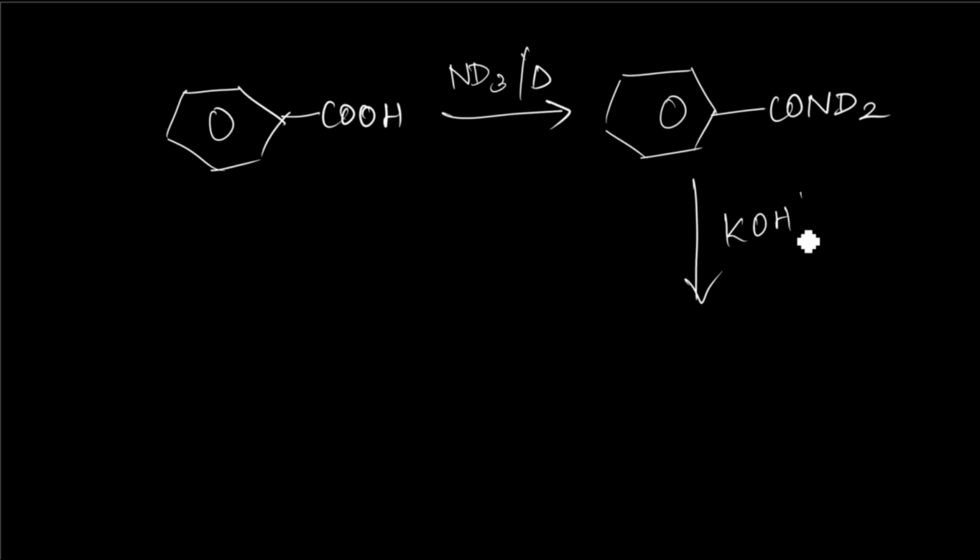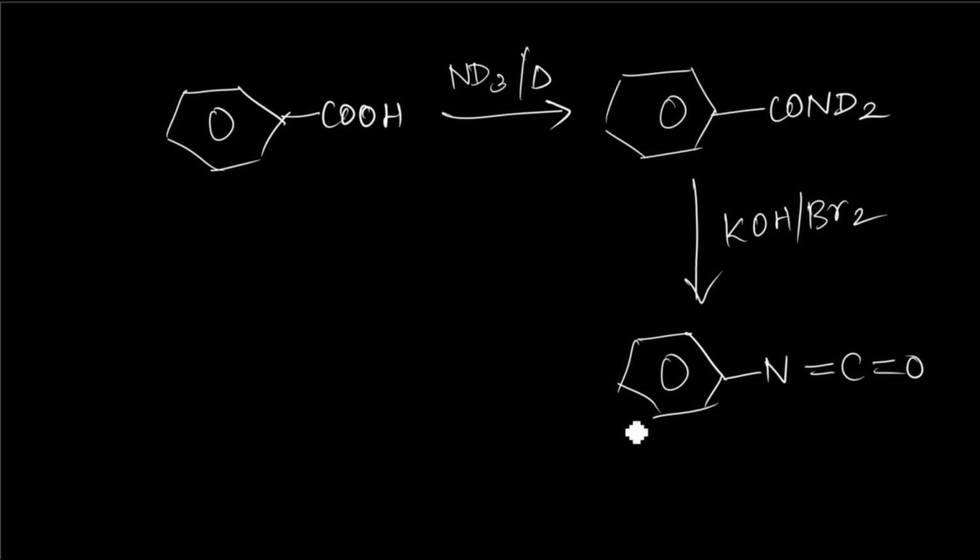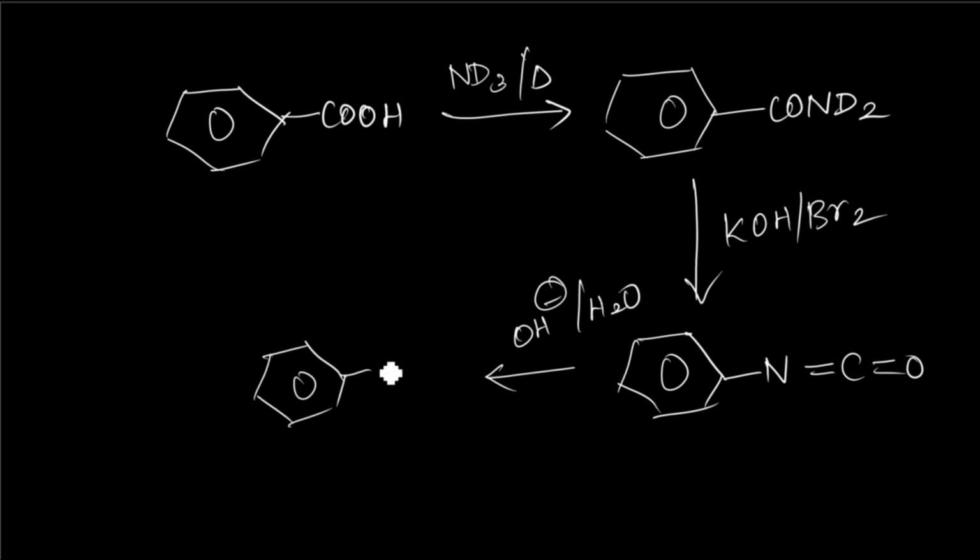Then KOH, Br2. I told you about this particular mechanism that will lead to the formation of N=C=O first, and then followed by base and H2O. It will give you NH2. Okay, so this mechanism part you need to know.